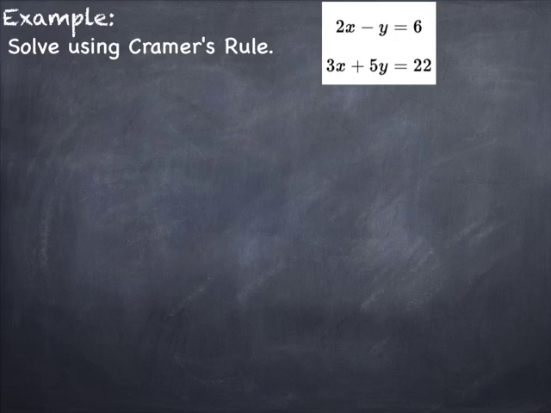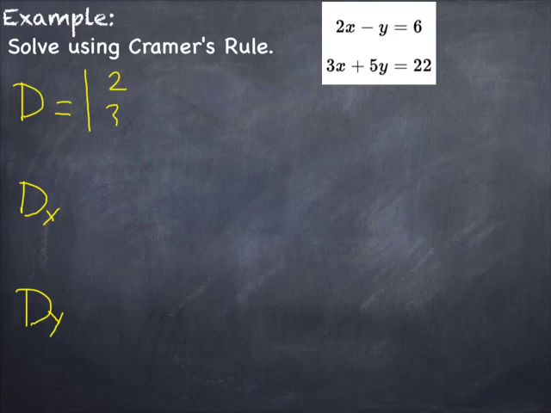Let's put this into practice. We're going to have three determinants: D, Dx, and Dy. D is just the coefficients, so 2, 3, -1, and 5. Calculating that, we get 2 times 5, which is 10, minus 3 times -1, which is -3, that gives us 13.